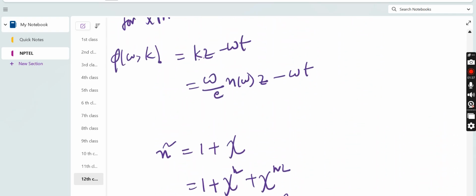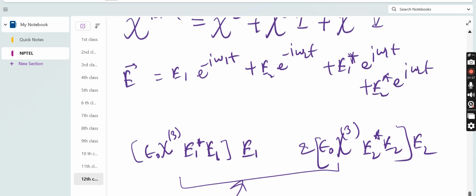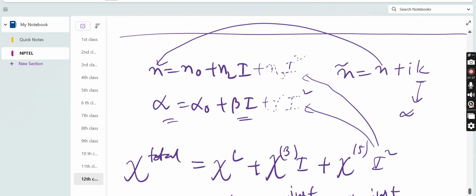Don't get confused here. I have written alpha with a beta, or here you can write it as gamma. Okay.